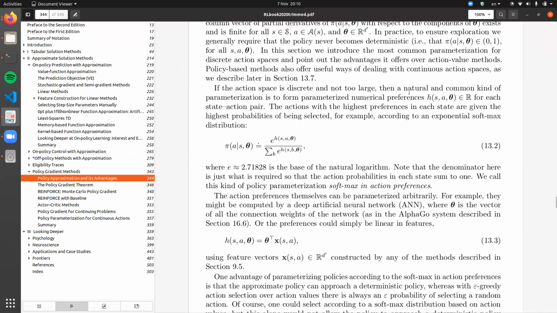This function H provides us some numeric preferences, which can be arbitrary numbers, and we want to turn them into a proper distribution that sums to 1. Therefore, we can exponentiate those numbers and normalize them by the sum of the exponentials over all possible actions.